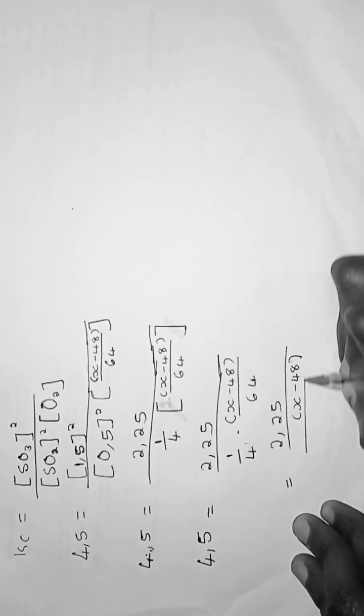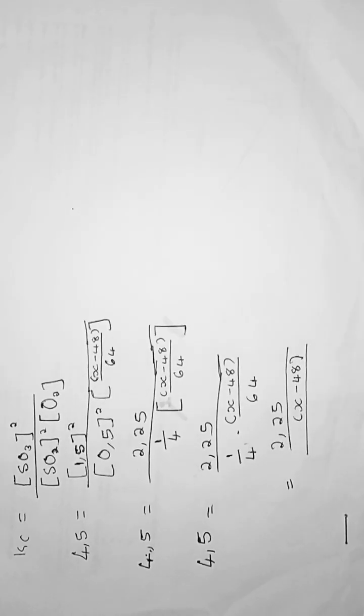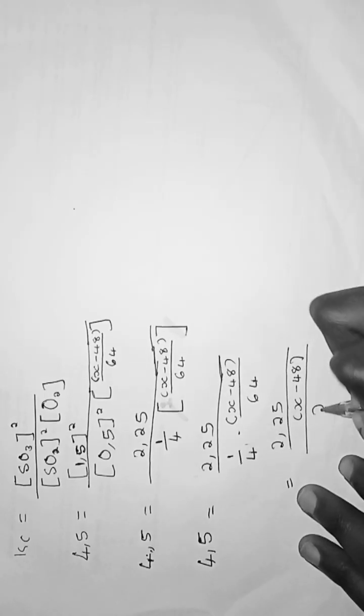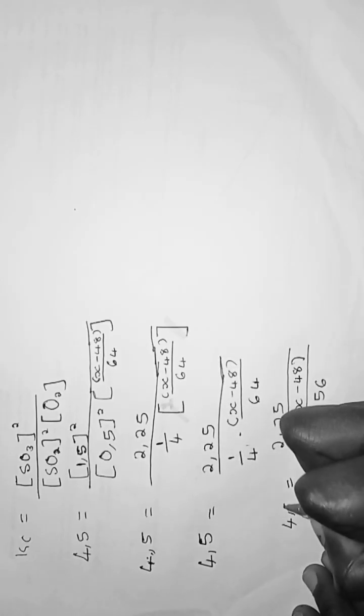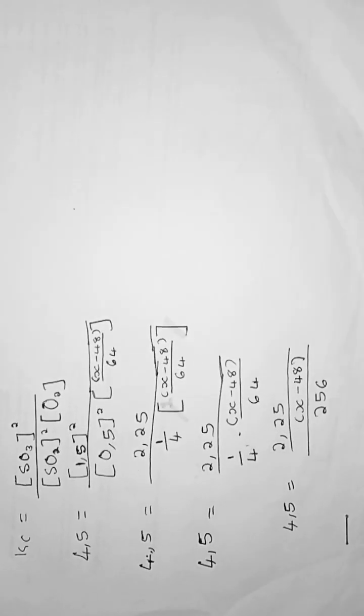And then what about 4 times 64? My answer will be 256. 4 comma 5. After that, I'm going to swap numerator and denominator and multiply it by the boss, which is upstairs.